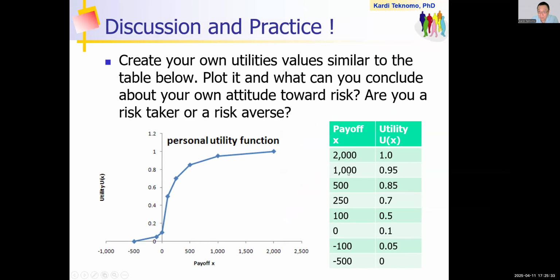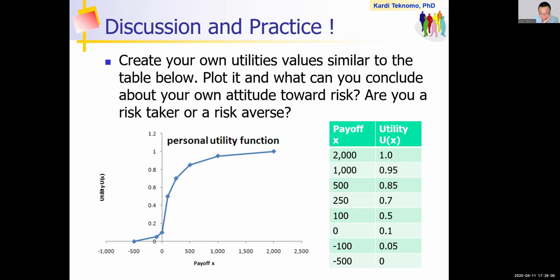Create this kind of table and this kind of plot. It's your personal, and again, there is no right or wrong, so that you can start to see your own attitude toward risk. Are you risk taker or risk averse? Once you do that, can you share your plot?